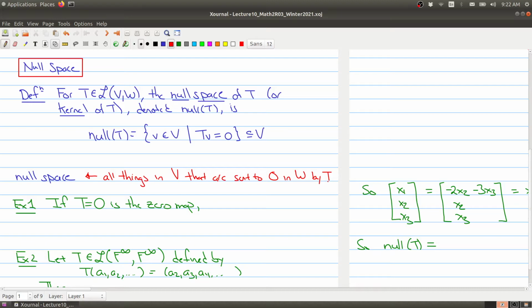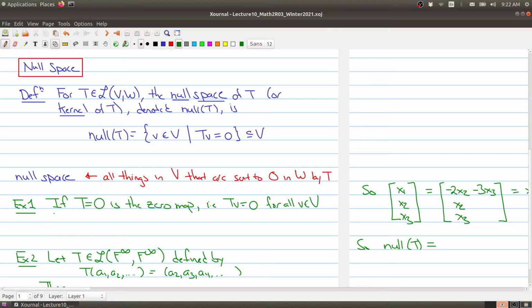So let me give you a couple examples of the null space. We always know that the 0 map belongs inside of this set of linear maps from V to W. So let's look at the 0 map, i.e. the map where T v equals 0 for all v in V. Now if you look at the definition, the null space contains every v that T maps to 0, but in the 0 map, everything gets mapped to 0.